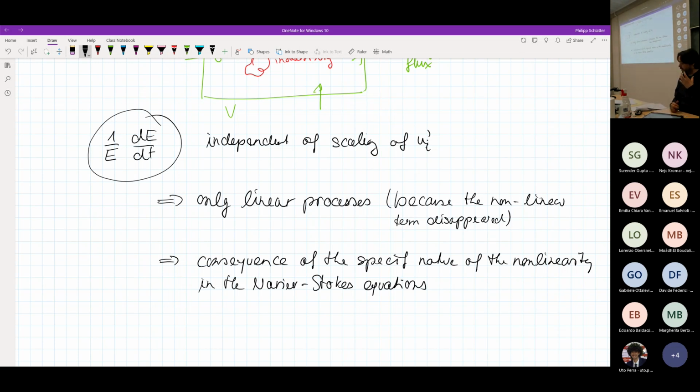And this specific nature of the nonlinearity is that essentially the nonlinear term is a conservative term. What it does, it just redistributes energy from one position to another, from one direction to another, but it's not actually creating or removing energy.